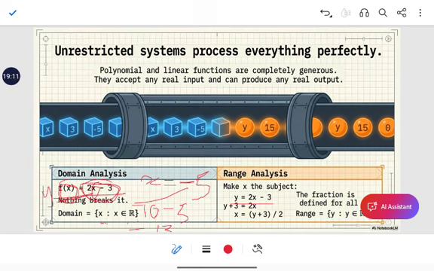Now the fraction is defined for all real numbers. Why? Look at where y is. Y is up here. So let's say we have y plus 3 all divided by 2.